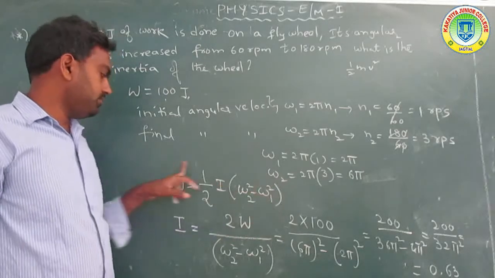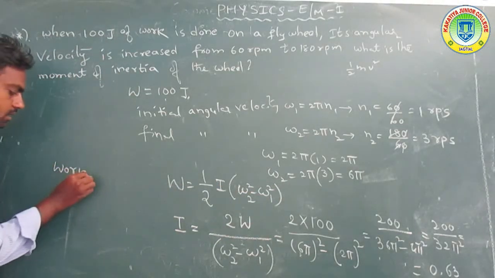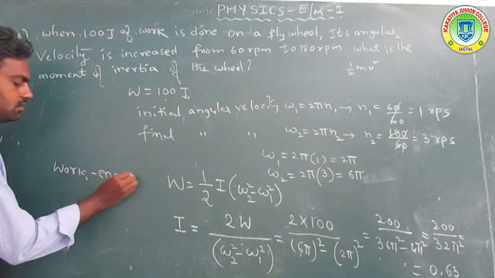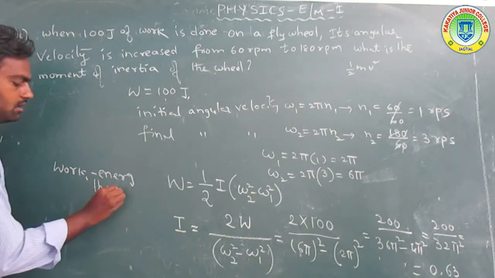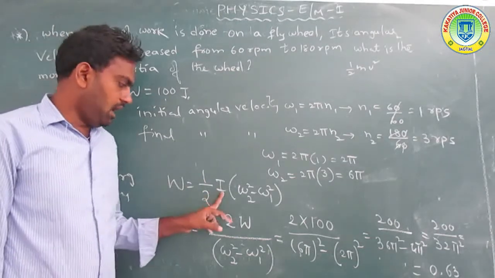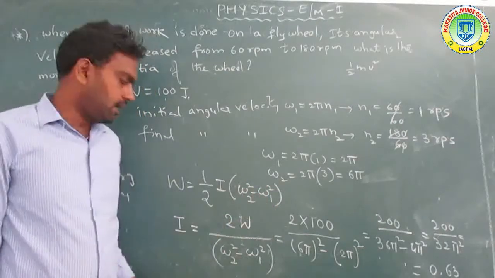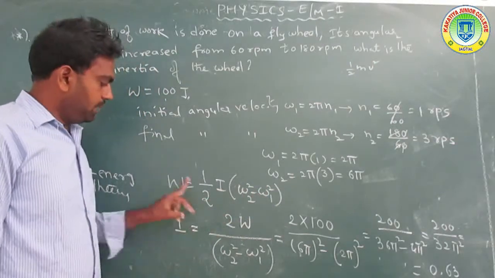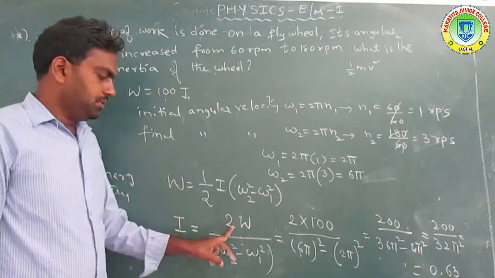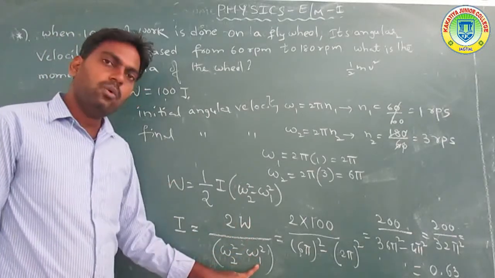According to the work energy theorem, W is equal to half I omega 2 square minus omega 1 square, so I is 2W by omega 2 square minus omega 1 square.